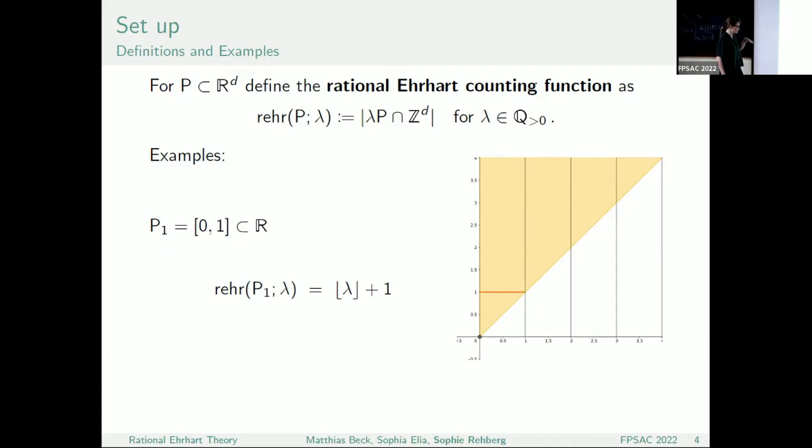One nice thing that I didn't tell you about this cone picture is that we can recover the polytope by intersecting the cone at height 1. And we can also recover dilates of the polytope by intersecting at different heights. So if I intersect at height 2, I get twice the polytope back.